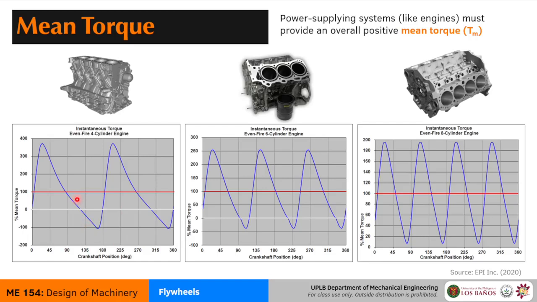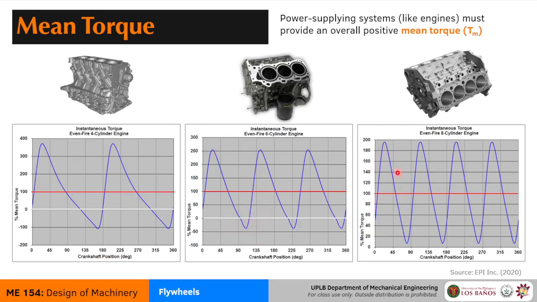The moment you start adding cylinders, so you transition from I4 to an I6 to a V8, what you see in these graphs, even though they seem wild, if you look at the endpoints of the amplitudes of their curves, is that they're starting to get smaller. They're starting to get a lot more even. For the I6, the peak torque is now just 250% of the mean torque, and the torque profile doesn't really reach negative 100% anymore.